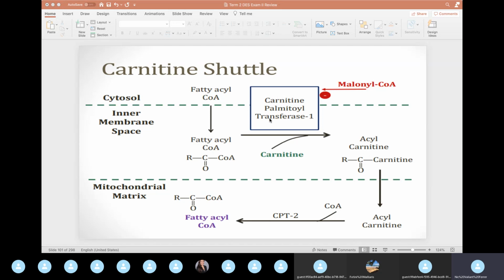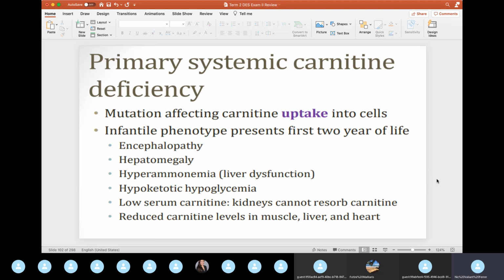We call this one CPT1. This is high yield. This is the enzyme that is inhibited by malonyl-CoA. So CPT1 is only active in breaking down of your fatty acids.